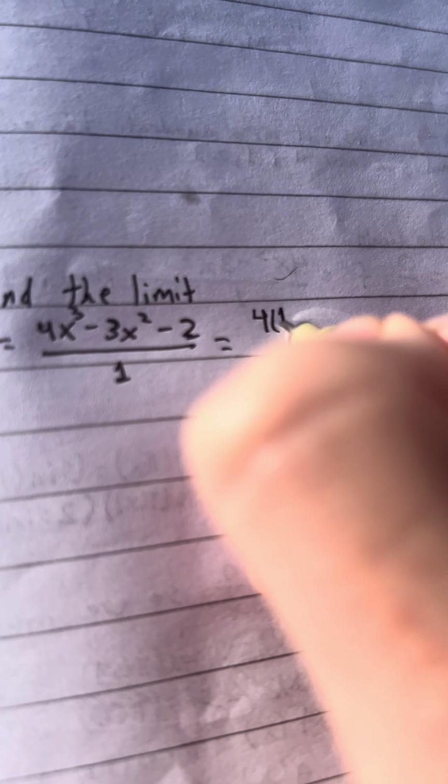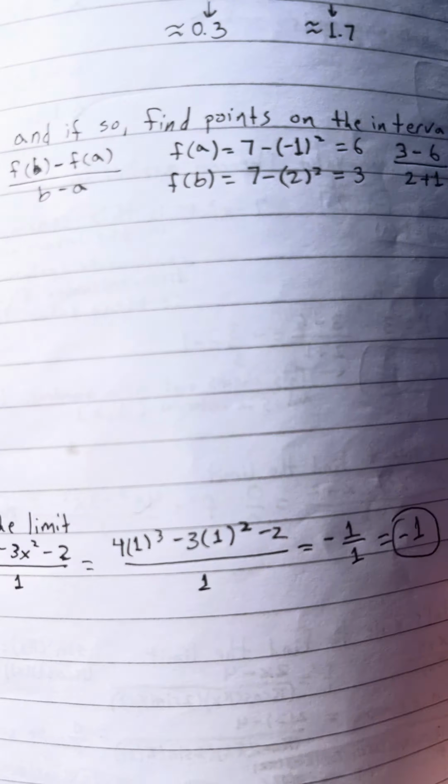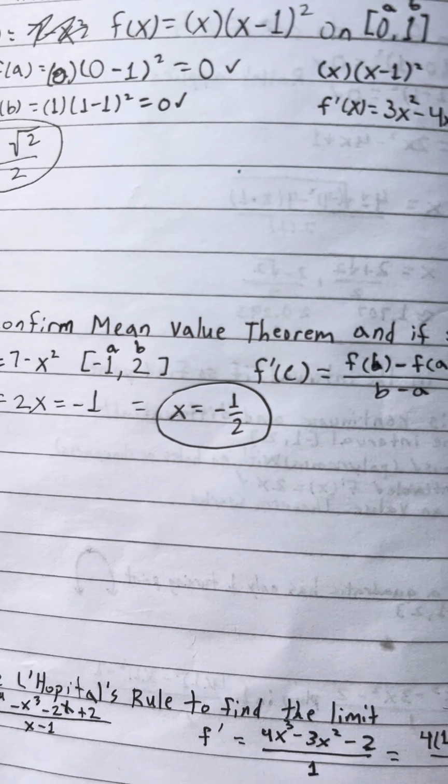And we plug in the 1. And that equals 4 minus 3 minus 2, so that's negative 1 over 1, which is just equal to negative 1. All right, so there's the 3 answers.